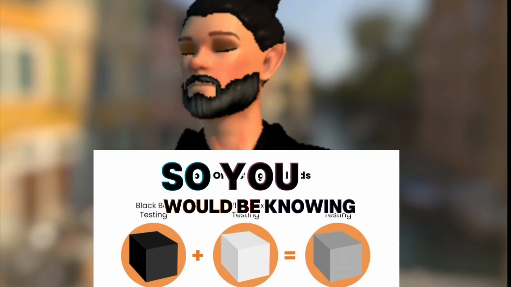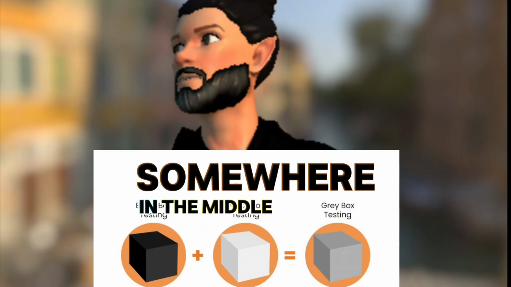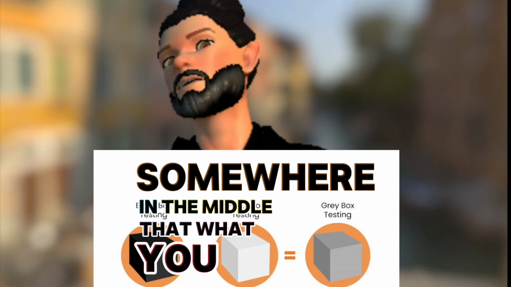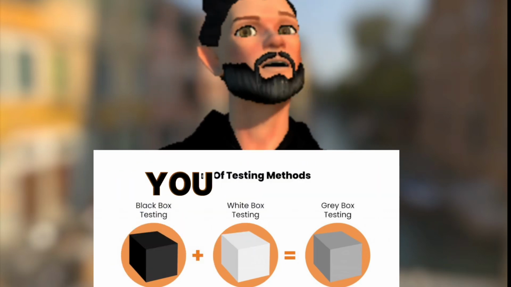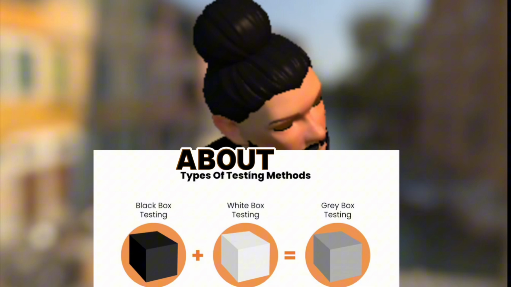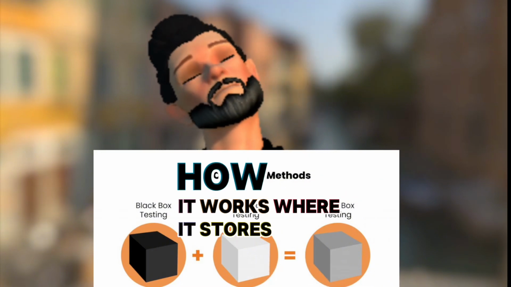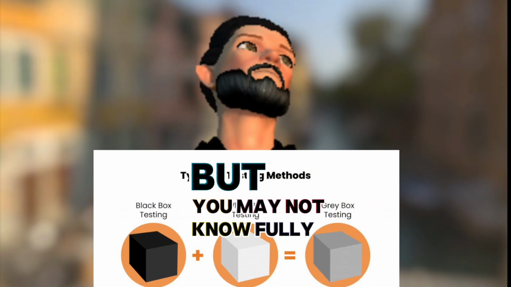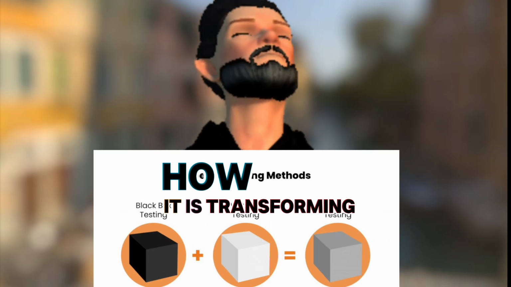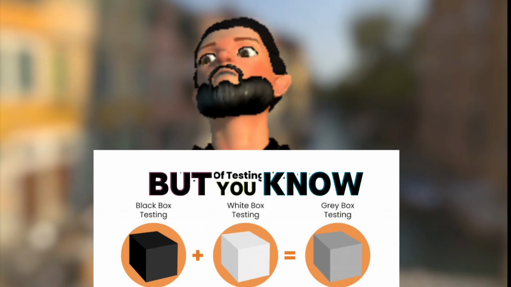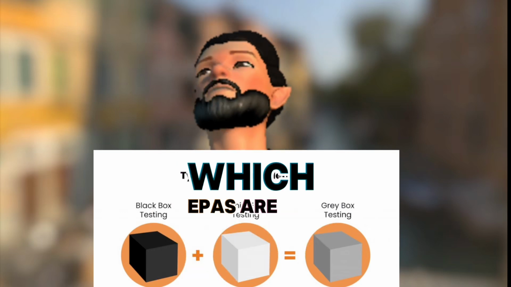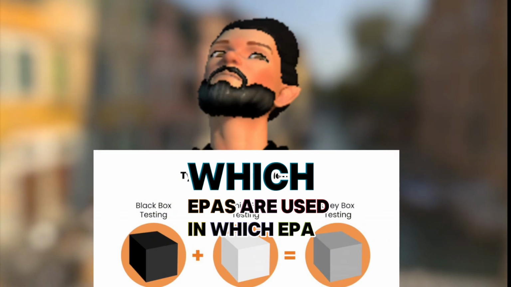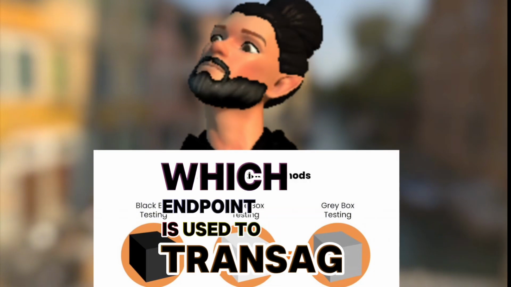You would be somewhere in the middle, knowing what this feature does. You know half of the information about the endpoints, how it works, where it stores, but you may not know fully how it is transforming inside the code. But you know which location, which APIs are used, and which endpoint is used to transact this information.